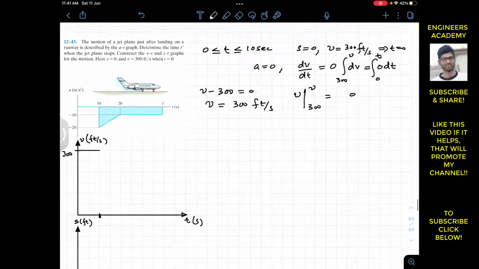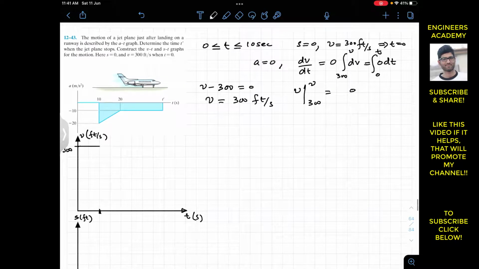Now we have to find the s of t graph. We have to plot the s of t graph, so for that we need the s of t equation. As we know, the velocity is ds by dt, and this is equal to 300, so we can write that ds is equal to 300 times dt.